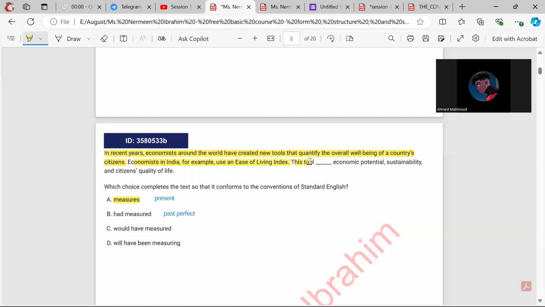This tool blank economic potential, sustainability, and citizens' quality of life. Nice. Great job. I haven't seen, to be honest, one single main verb in the past tense. Have you seen one? No. So, did you figure out why your answer is wrong?